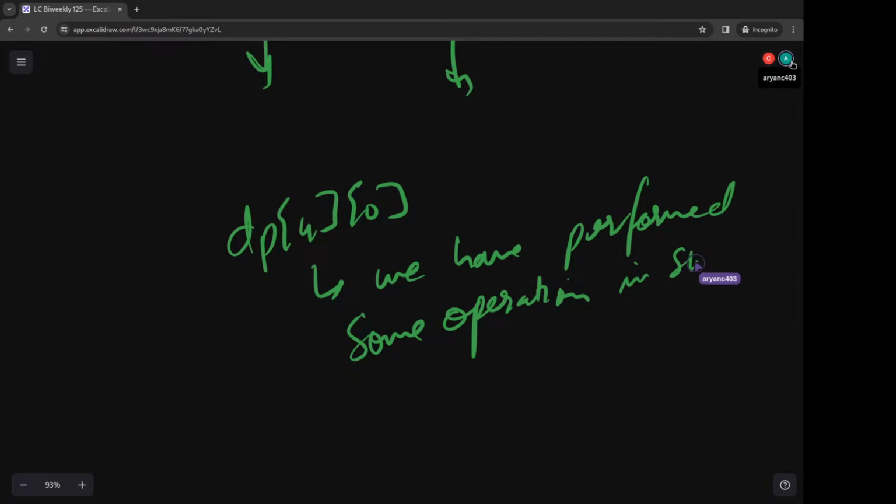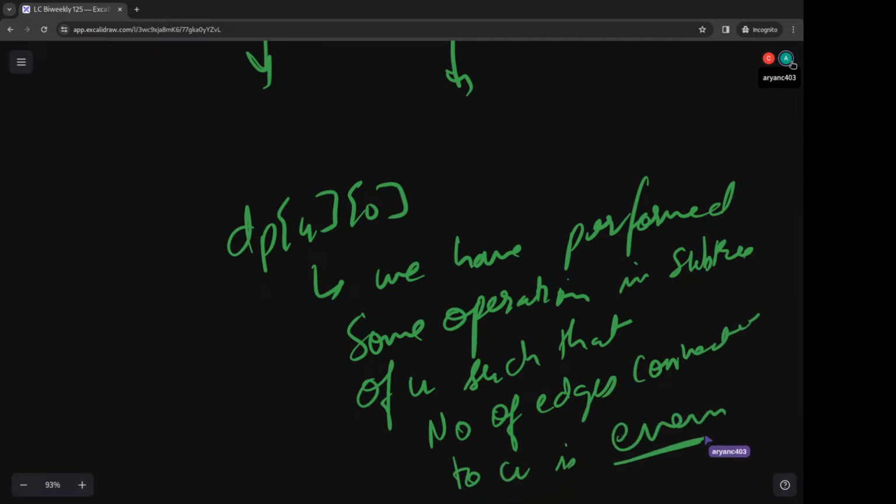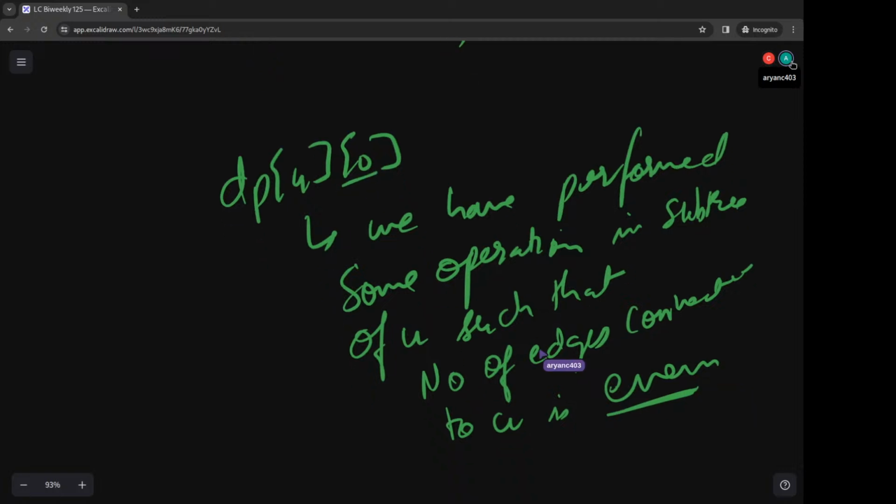The number of edges connected to U is even. Basically, this is the remainder modulo 2.